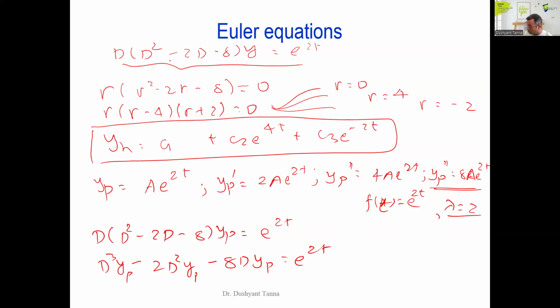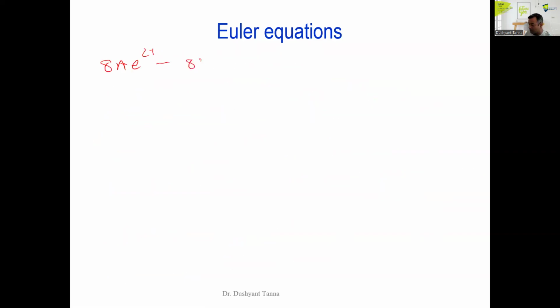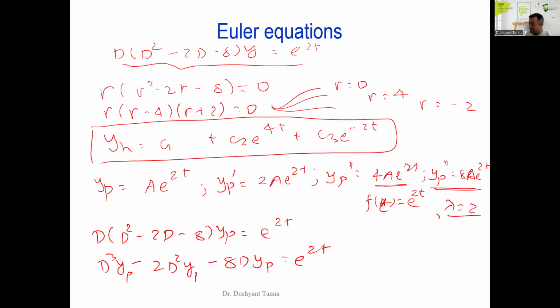Minus 2D squared. Now D squared is 4a, so 2D squared will be 8a e raised to 2t. Minus 8 Dyp, that Dyp is nothing but y dash. If you want, you can add one more step: y triple dash minus 2y double dash minus 8y dash is equal to e raised to 2t.